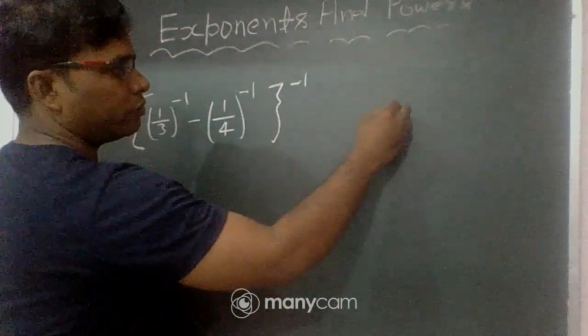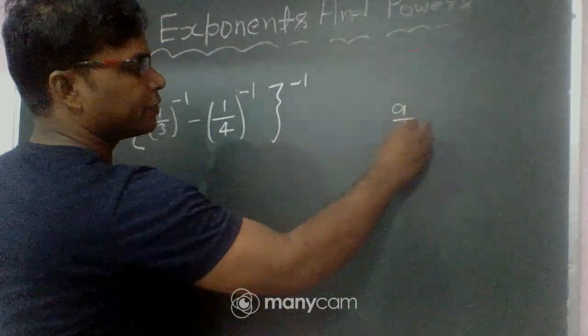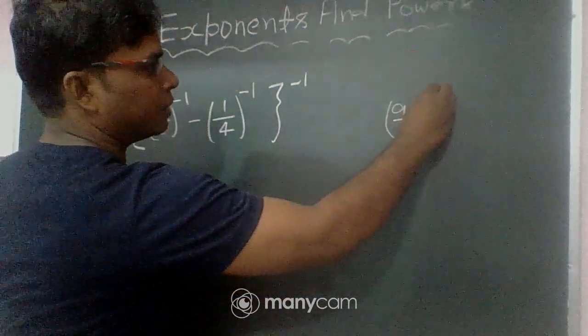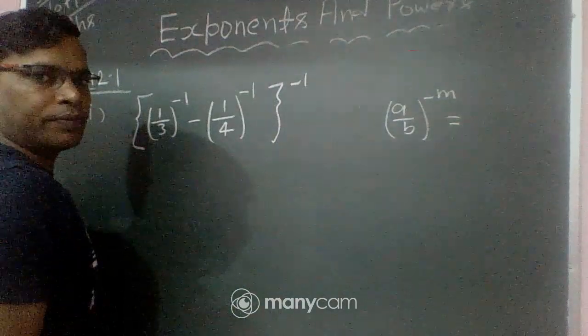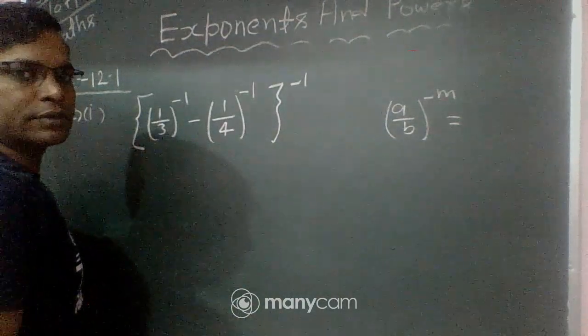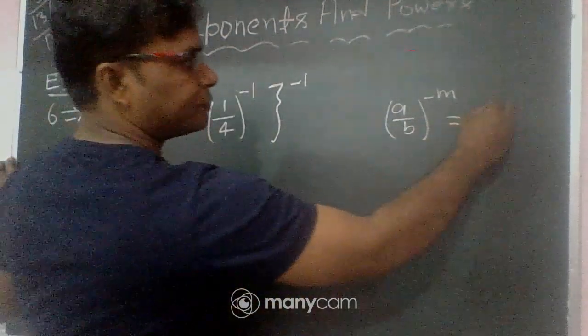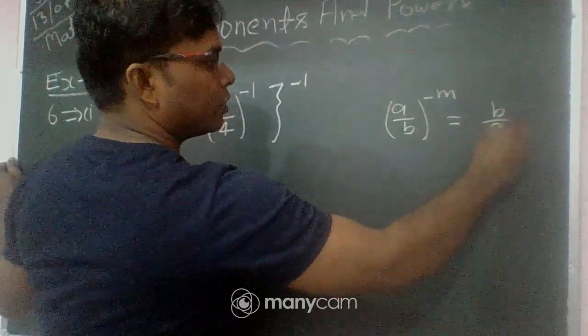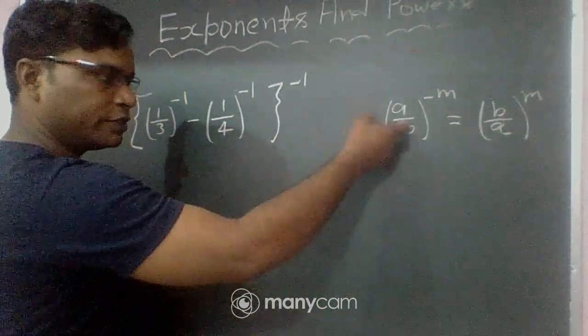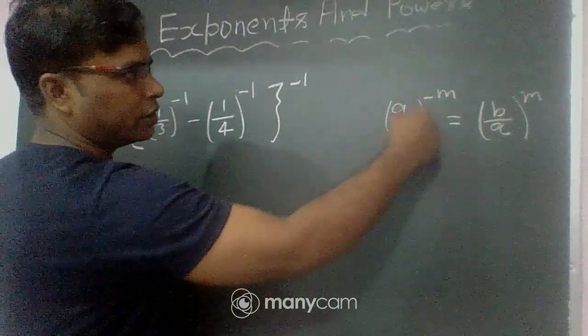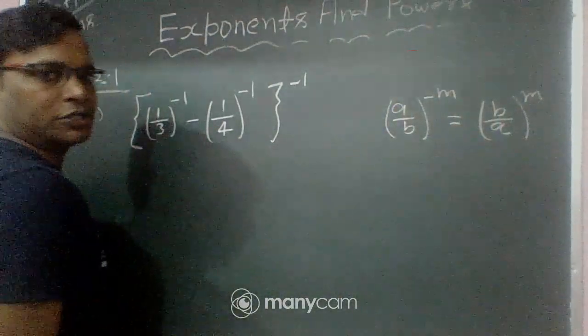So you know a by b power minus m is equal to b by a power plus m. We just write its reciprocal, then the power will also be positive.